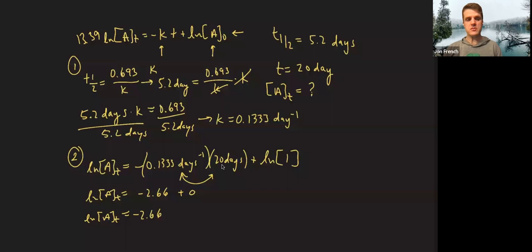And then again, just like before, right, E to the natural log of concentration equals concentration. That's how we're going to get our concentration. So E to the negative 2.66 equals 0.07.